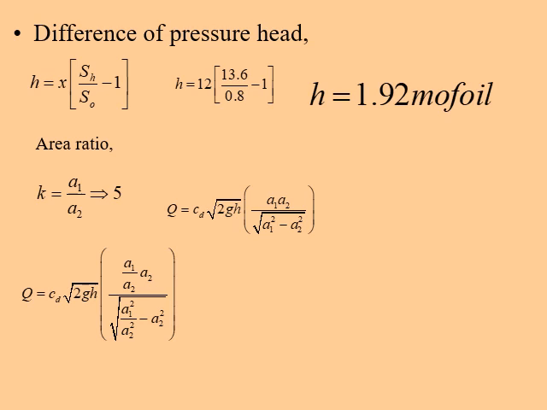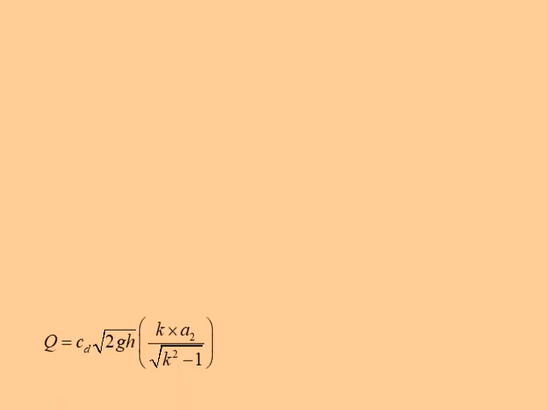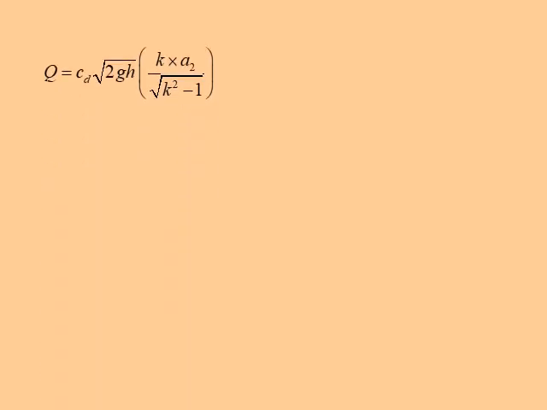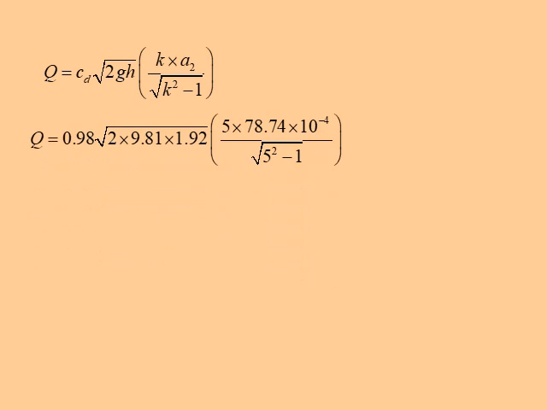Now divide this equation by A2. This is the expression now. With further simplification we will get Q equal to Cd into square root of 2GH into the area ratio K into A2 over square root of K square minus 1. Then substitute all the values related to this equation.